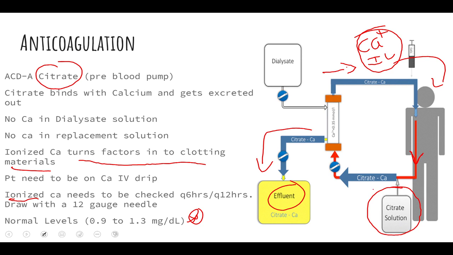Now, the moment you take off the citrate solution, you should also cut off your calcium infusion. Otherwise, now you're putting the patient at risk of hypercalcemia. Okay, so that's the basics of the anticoagulation that takes place in your CRRT, if you're using citrate, that is.